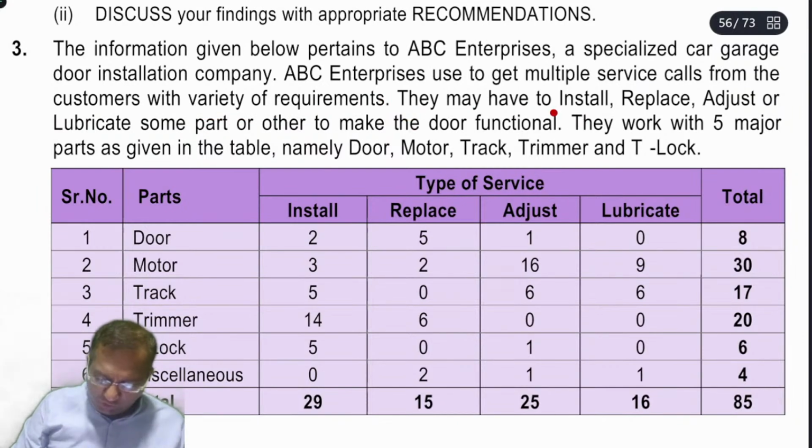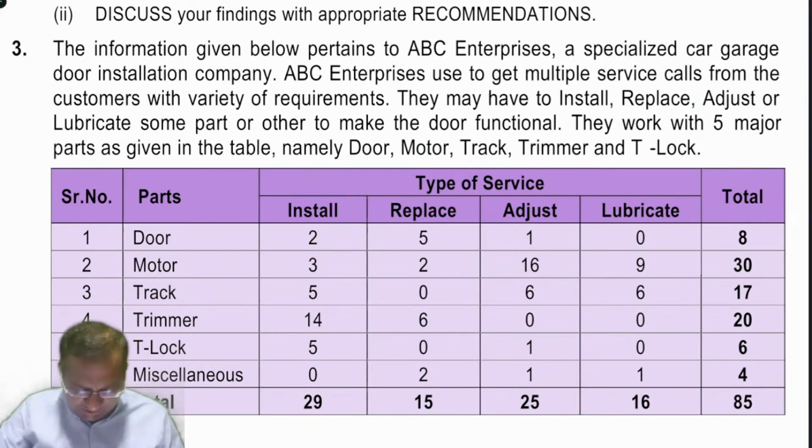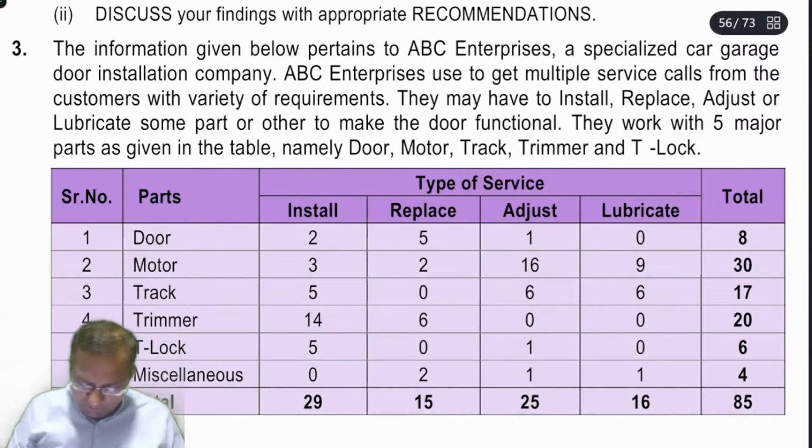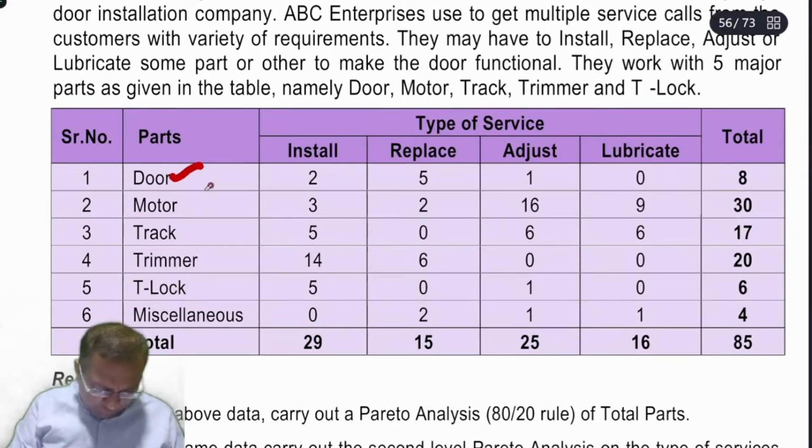A customer may want to install the door, replace the door, adjust the door, or lubricate some part or other to make the door functional. So different requirements of customers are there regarding installation, replacement, adjustment, or lubrication. They work with 5 major parts as given in the table: door, motor, track, trimmer, and T-lock. Parts are given as door, motor, track, trimmer, T-lock, and miscellaneous, and the types of services: install, replace, adjust, and lubricate.